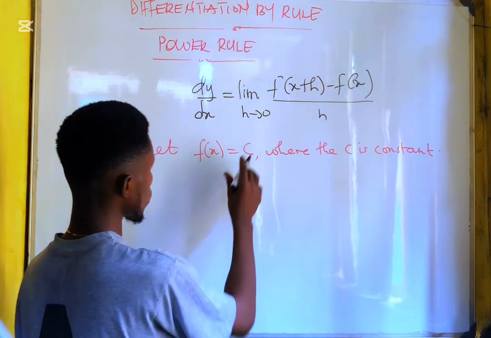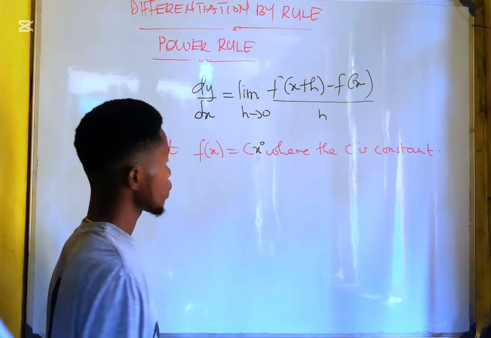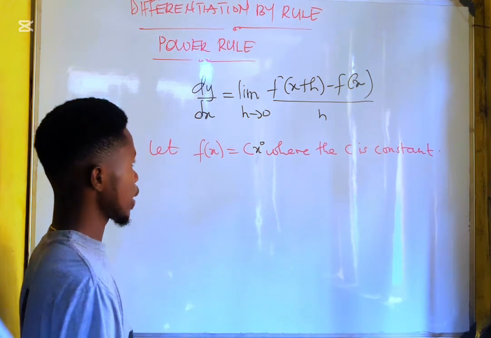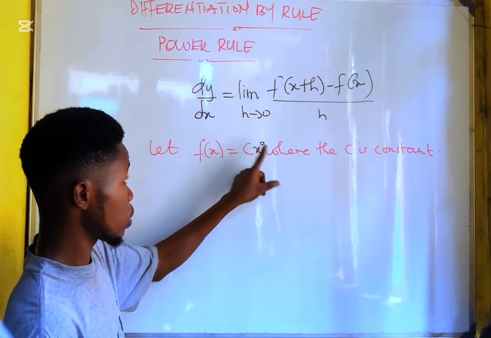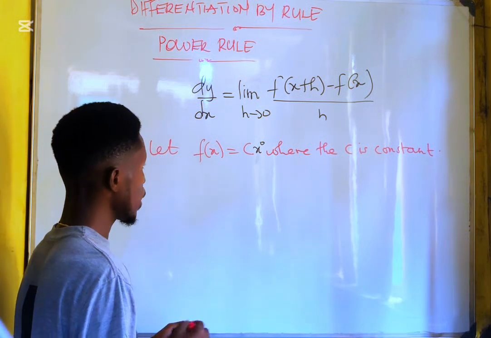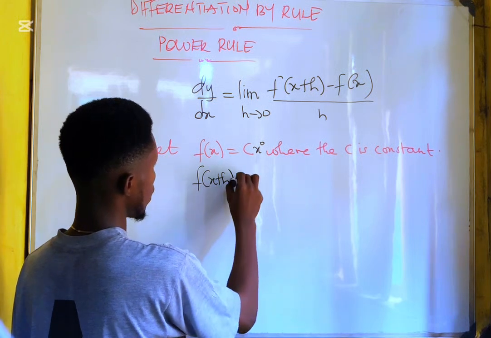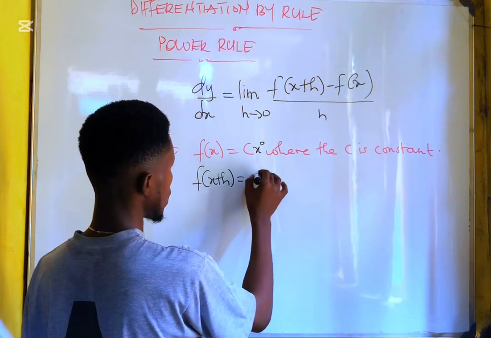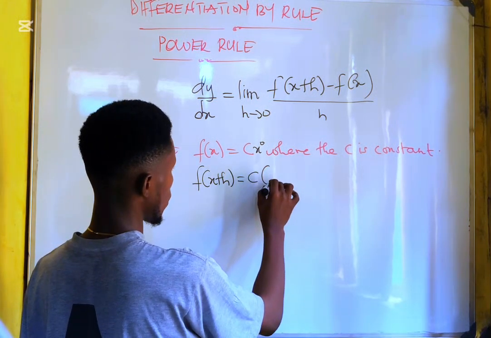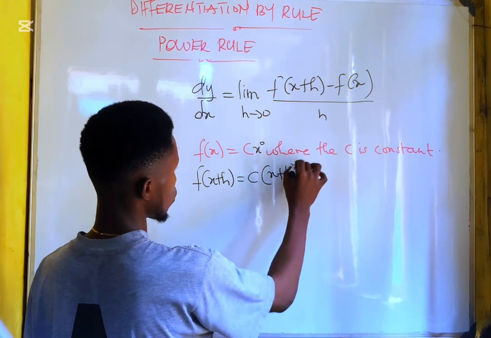But remember, this constant, as I said, is having power 0 here. So you have it like x to the power 0. So x to the power 0 is 1 times c will give you the constant. Okay. So here, if I want f at x plus h, it comes to be c bracket open x plus h to the power 0.